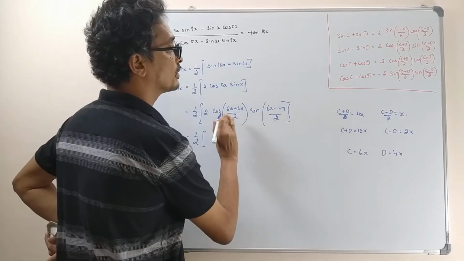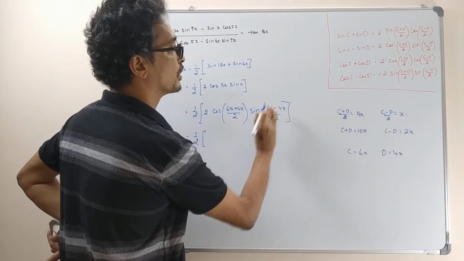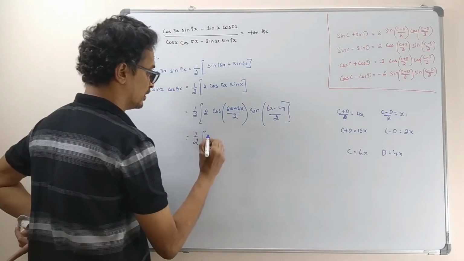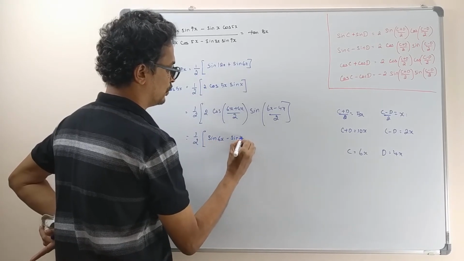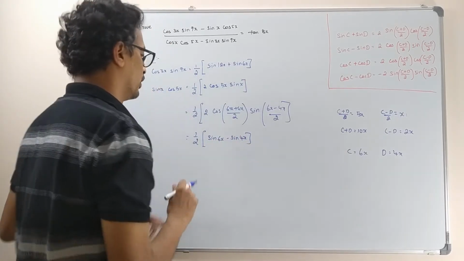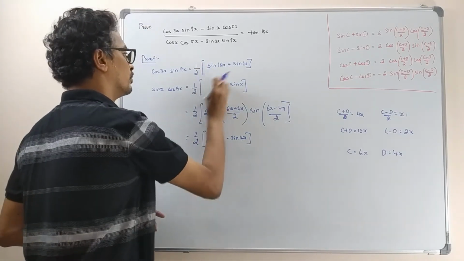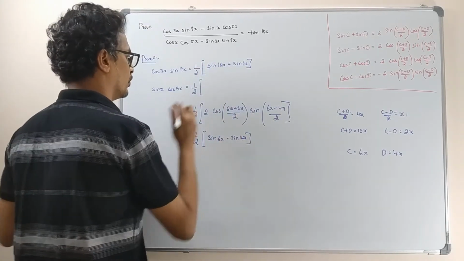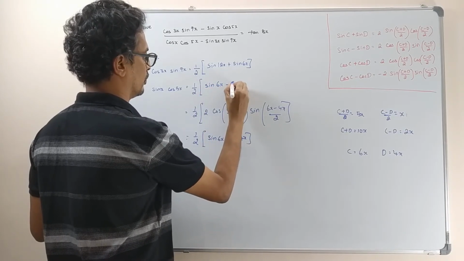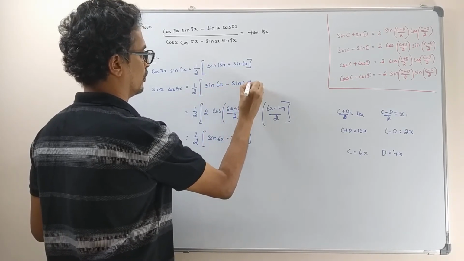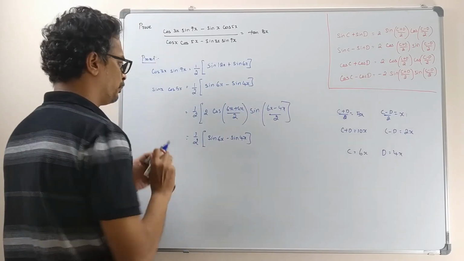This is cos (c plus d) by 2 and sine c minus sine d. Correct? So sine 6x minus sine 4x.